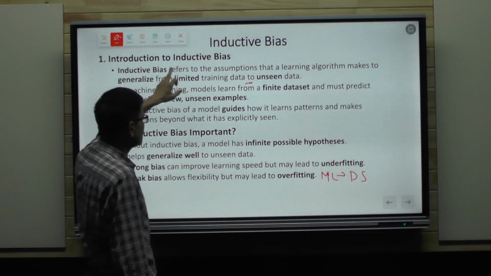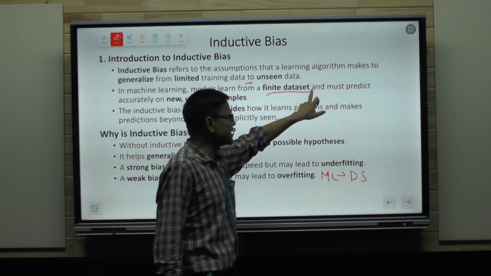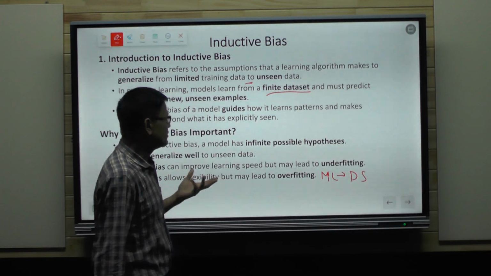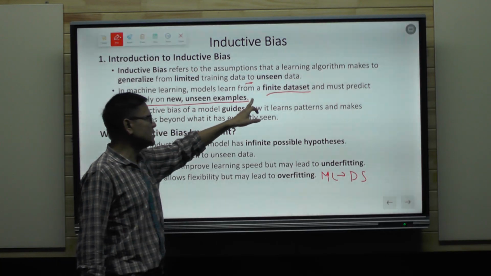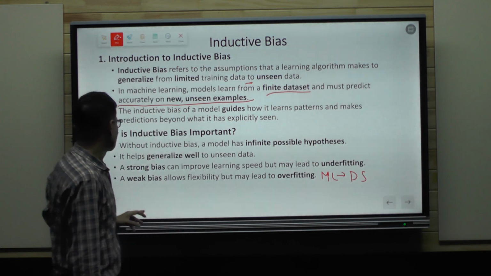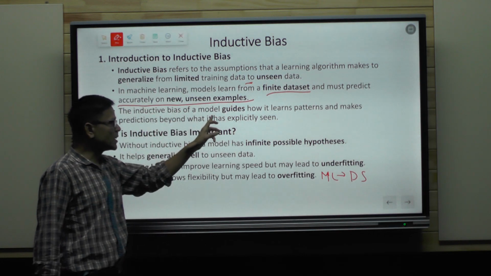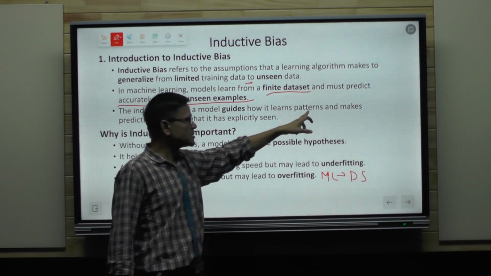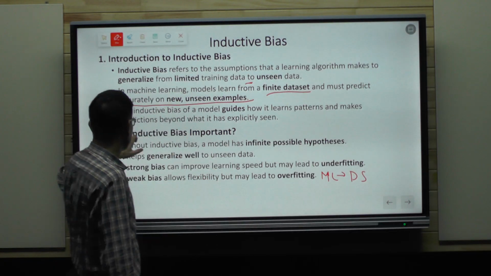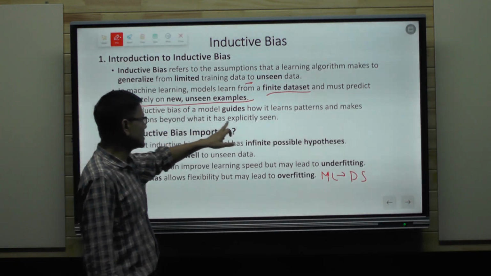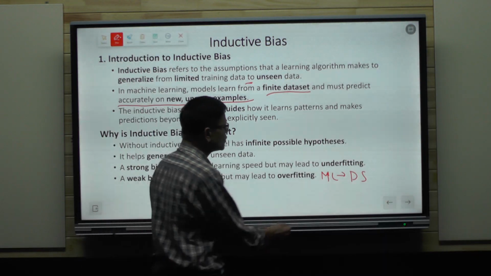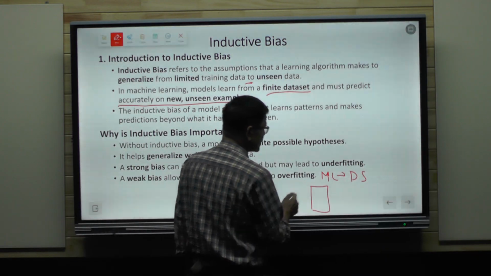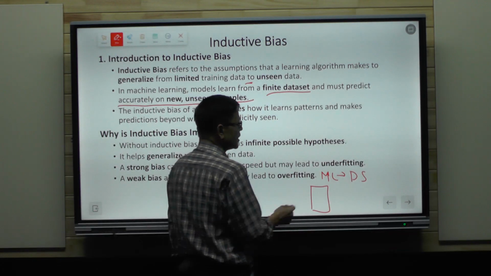In machine learning, the models learn from a finite data set and must predict accurately on new and unseen examples. The inductive bias of the model guides how it learns patterns and makes predictions beyond what it has explicitly seen. Suppose you do training and then testing on a given data set.